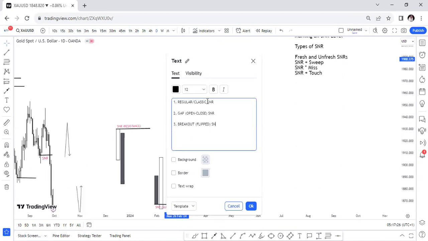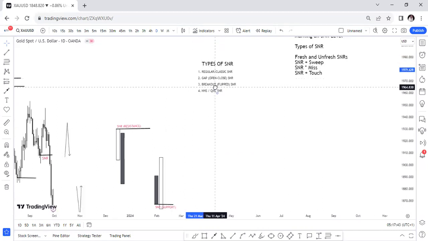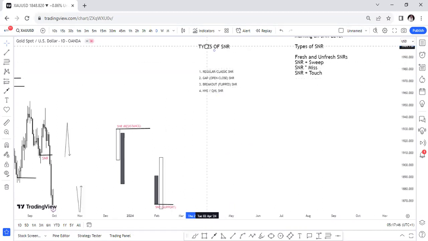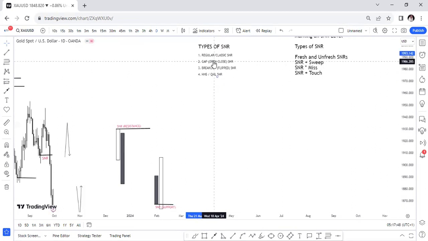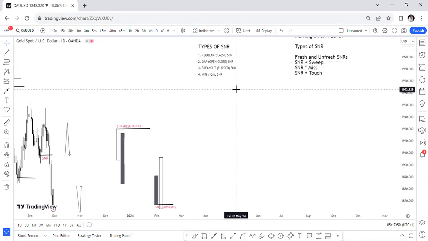Then the fourth one we have is the HNS, head and shoulder pattern, or PML SNR. So these are the four types we have. The fifth one is not really needed, we can ignore that, which is the broken head and shoulder.